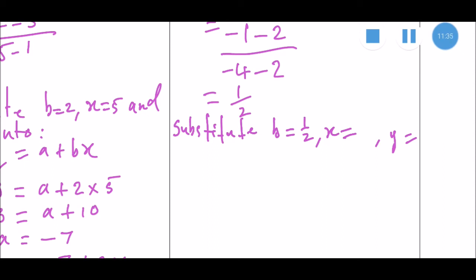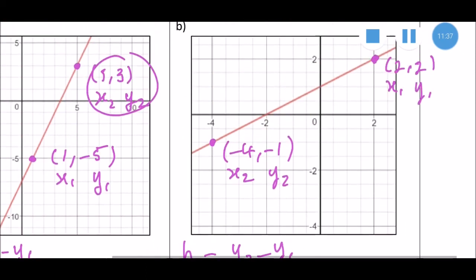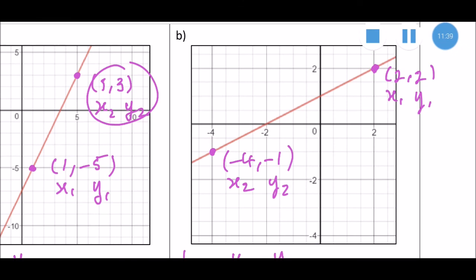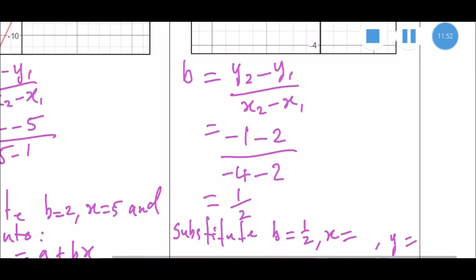So for my x and my y value, I have a choice. I can choose my x1, y1 pair or my x2, y2 pair. I think I'll just avoid negatives so as to make it less likely that I'll make an error, and choose the x1 and the y1 pair, but it doesn't really matter.